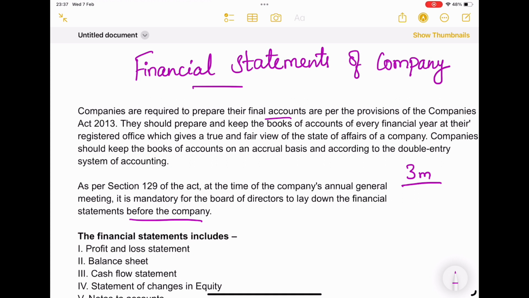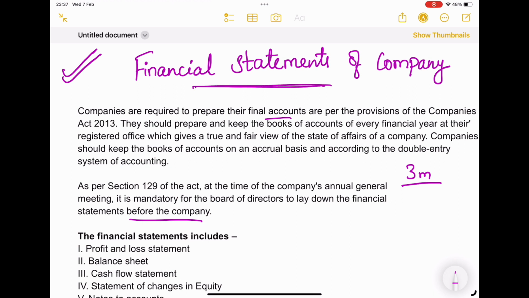Even though we have cleared all the papers, somewhere we missed the concept. The entire thing will get flopped. So it is very important for those who are going to continue in the accounts field. For them, the financial statement is very much important.